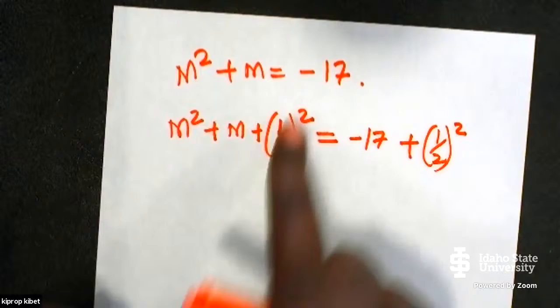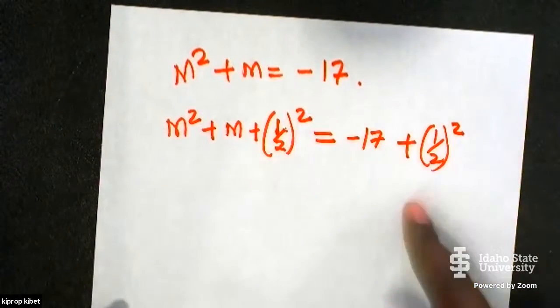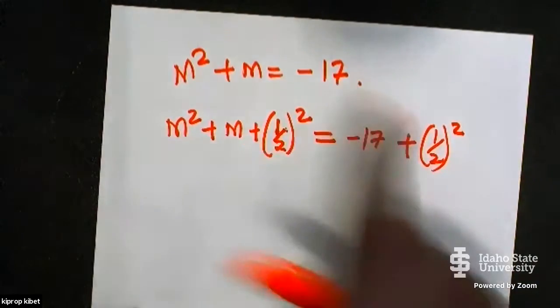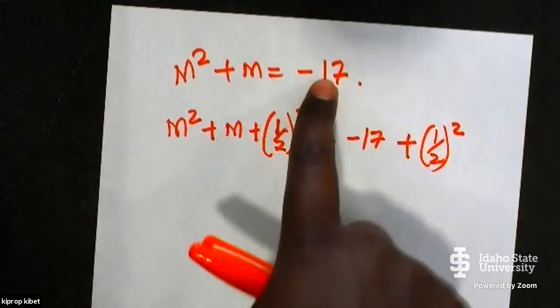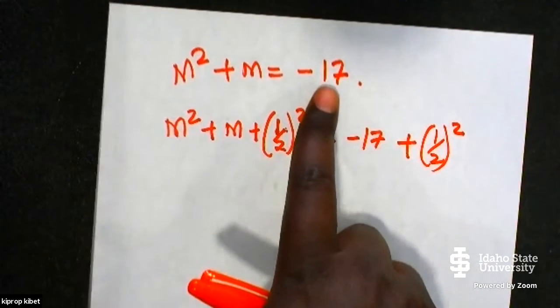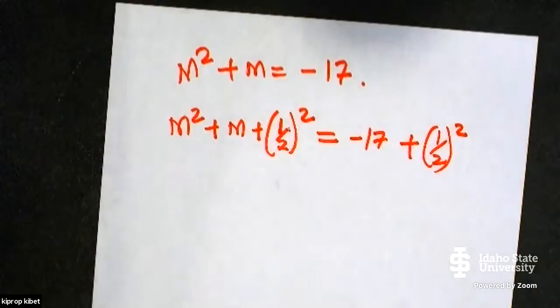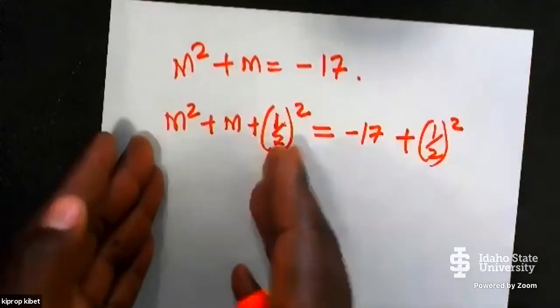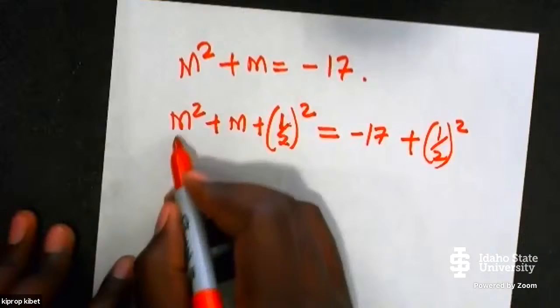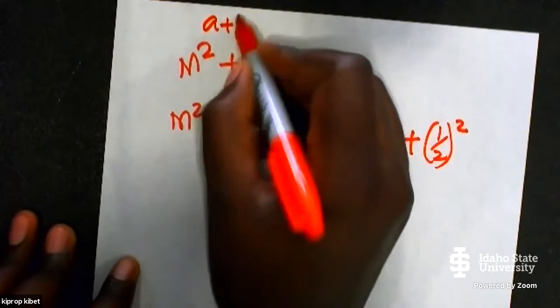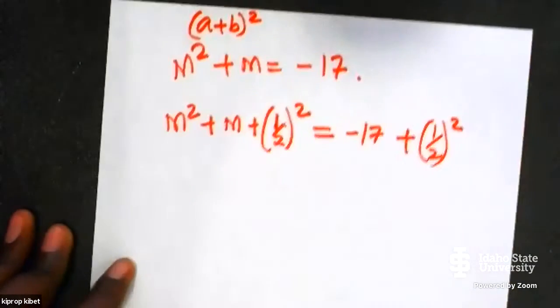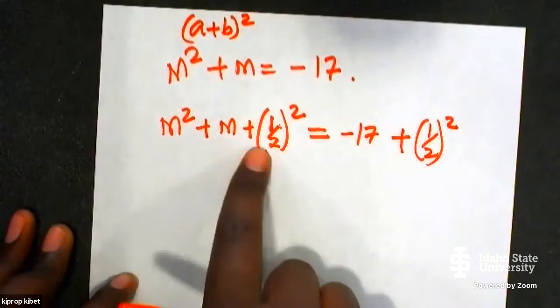You can still remove this by subtracting. They will still cancel, and you will still remain with this. And then you write this one in completing squares form, which will be in the form (a plus b) squared.